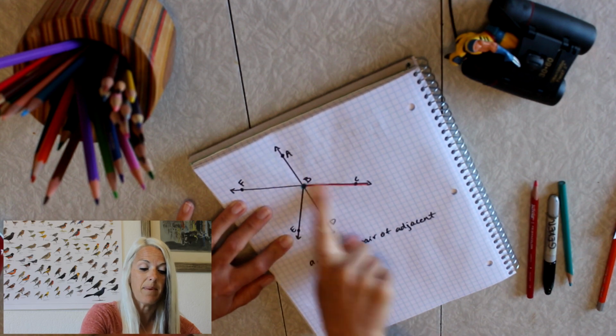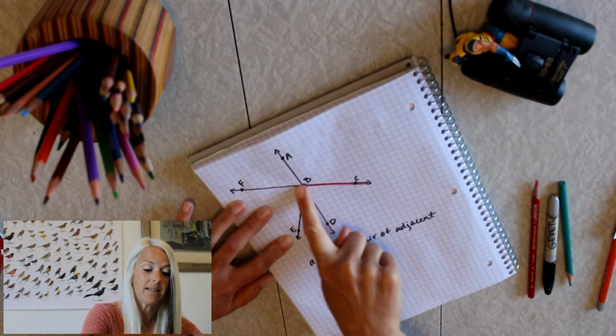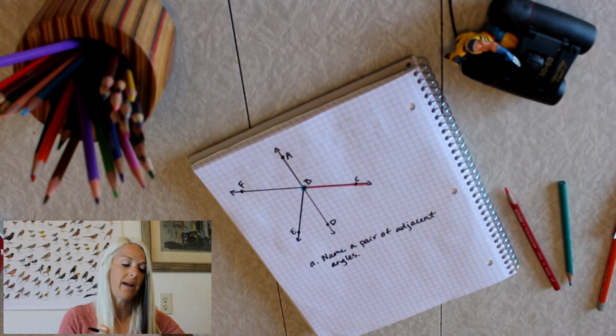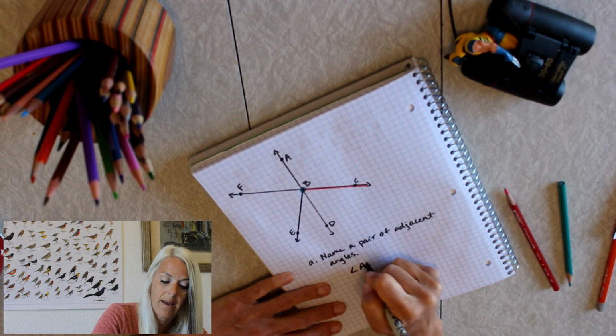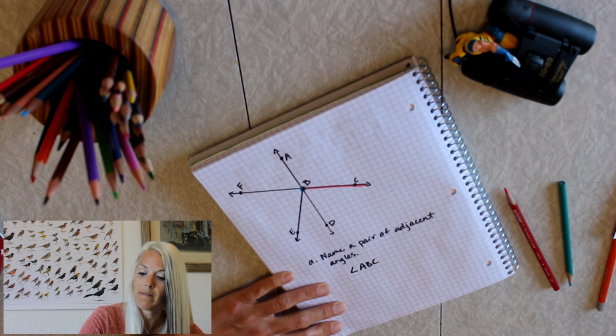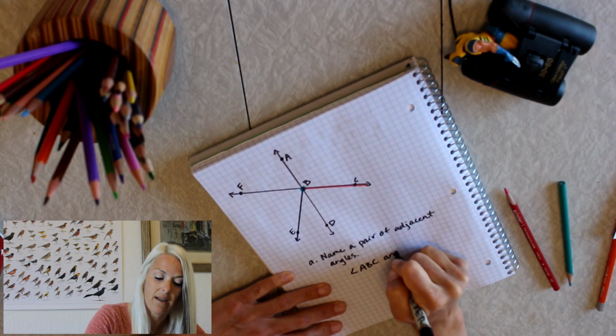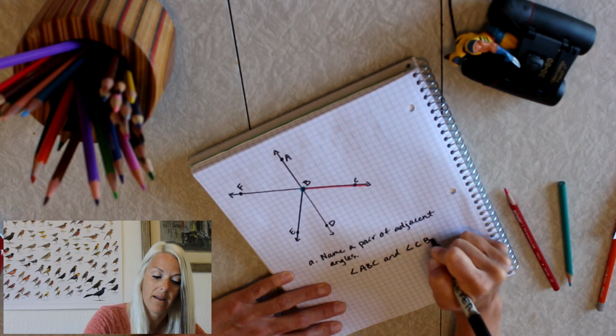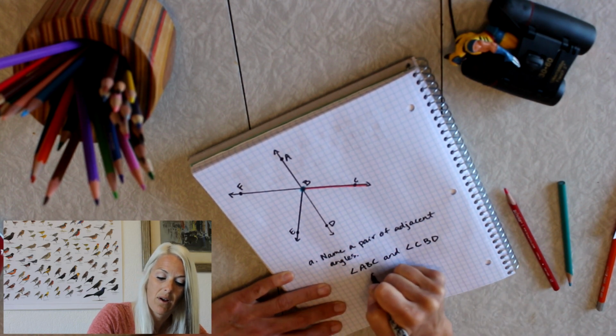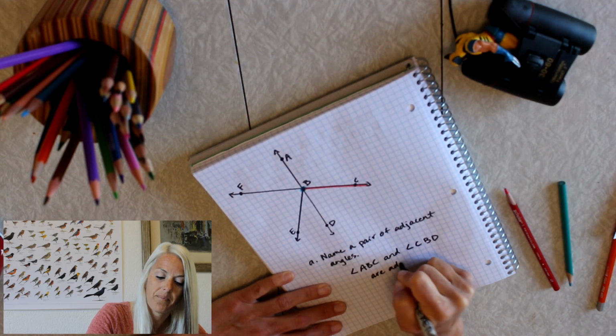So we've got ABC and CBD. Those two angles are adjacent. So we're gonna go ahead and write angles ABC and angle CBD are adjacent.